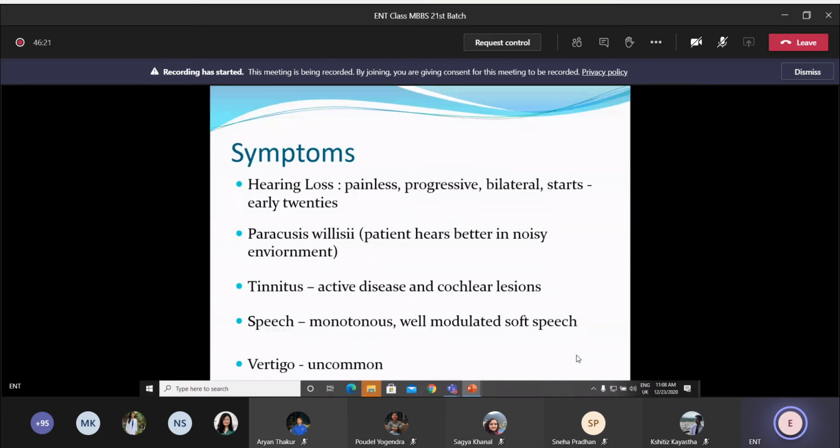So there's no other mechanism. Tinnitus, you get it in an active disease and in cochlear lesions. Speech will be monotonous, well modulated, soft, and vertigo is uncommon.